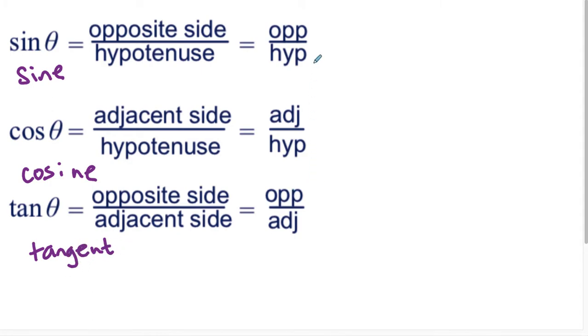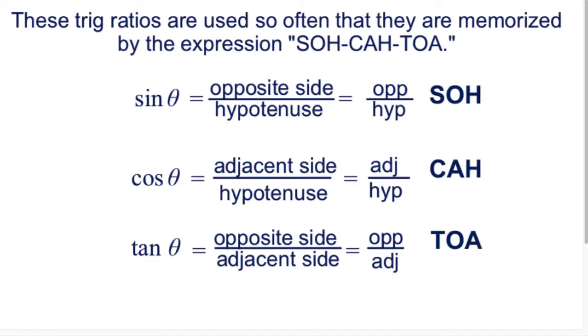Now there's a better way to memorize this, and we call that SOHCAHTOA. You might have heard that expression, SOHCAHTOA. S in SOH stands for sine, O stands for opposite, and H stands for hypotenuse.